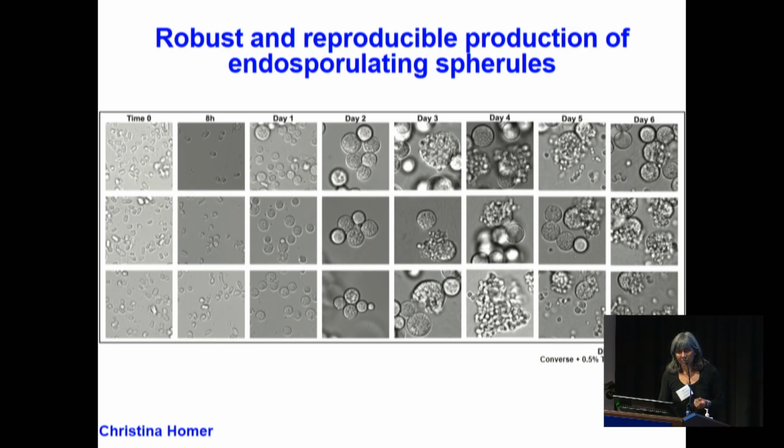And you can see here, these are triplicate samples going through this developmental transition in a relatively high density time course from arthroconidia to spherules and then to spherules releasing endospores. And Christina took these samples and subjected them to transcriptional profiling so that we could identify the transcripts that change in abundance over this developmental time course.